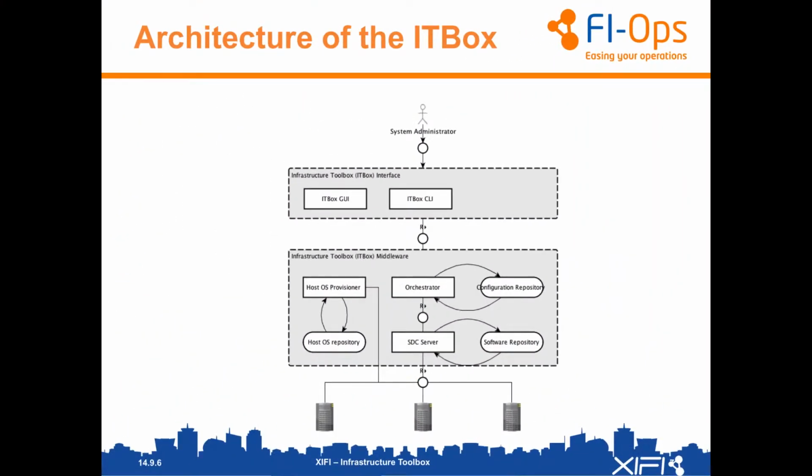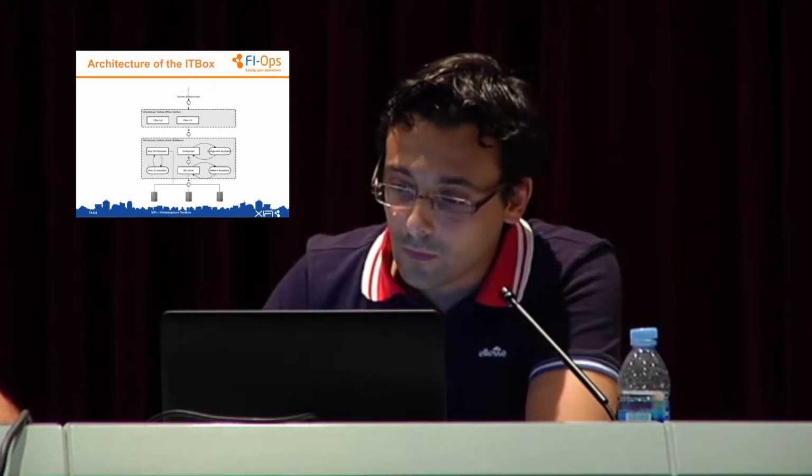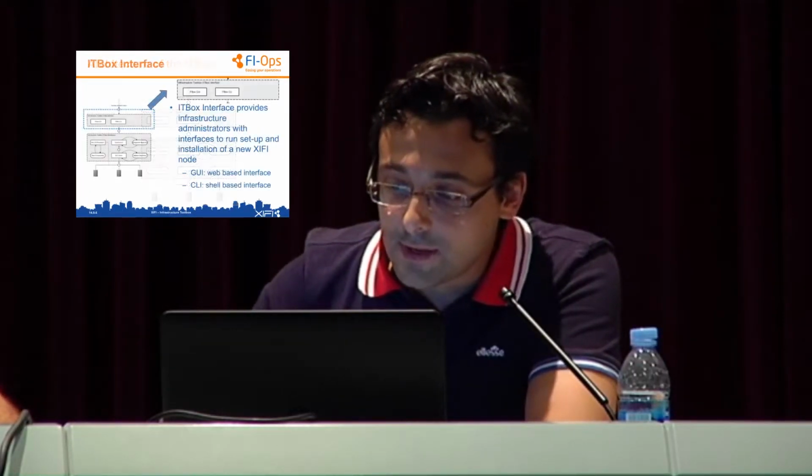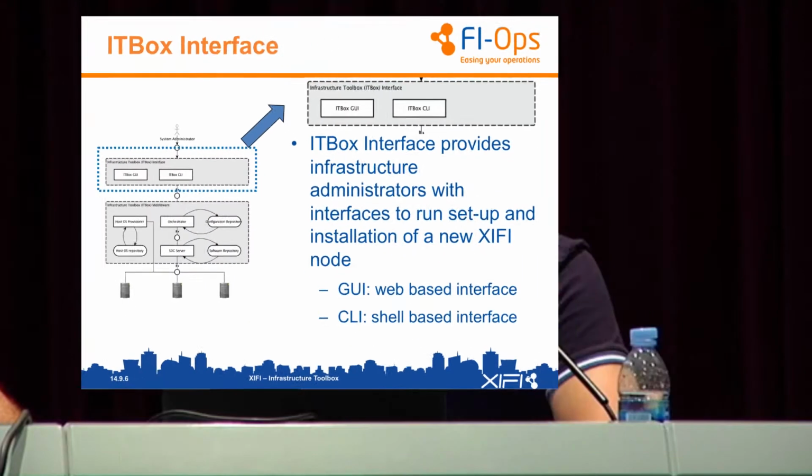Now, the architecture of the ITBox. It is composed of two parts, the user interface and the middleware part. The user interface is composed of 2 modules: the ITBox GUI, which is a web application, and the ITBox command line interface, which is a shell-based interface.